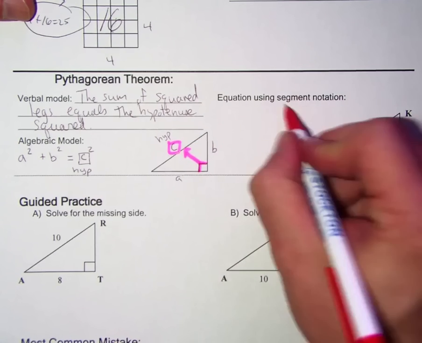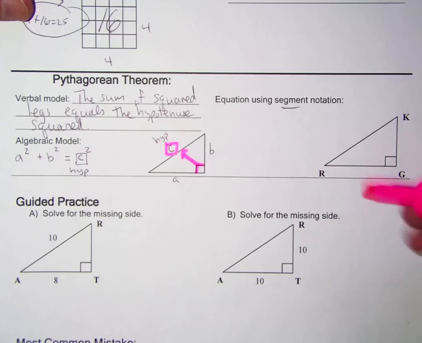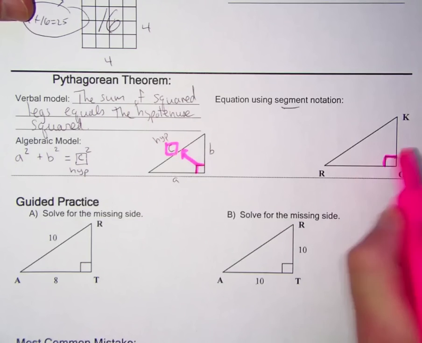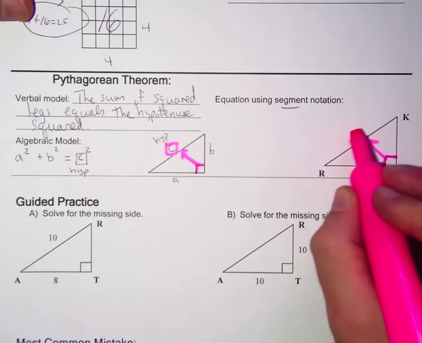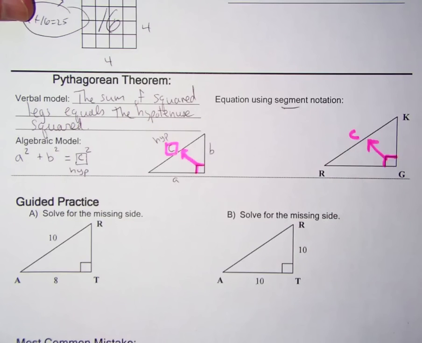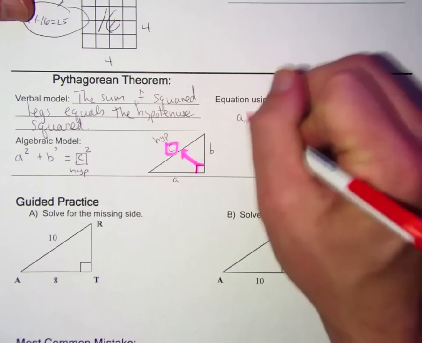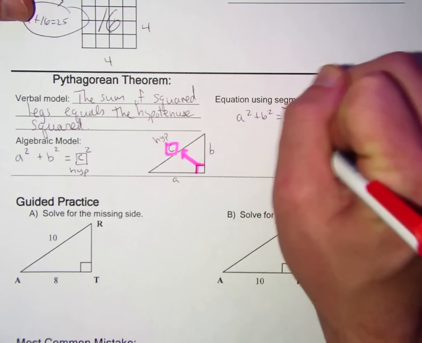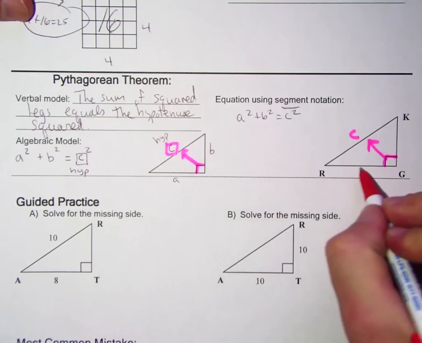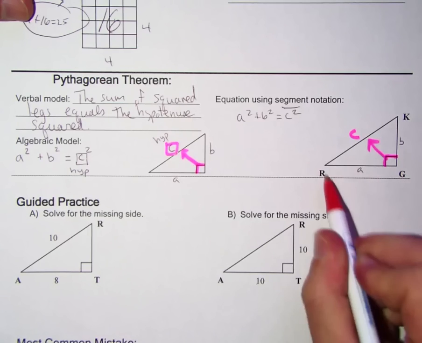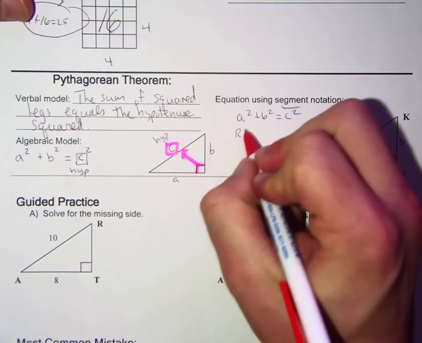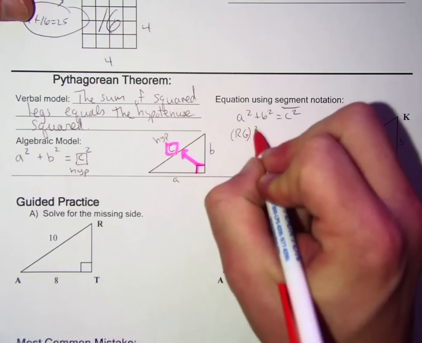If I were to use segment notation, same idea. Okay, that's my c over here. So if I do a squared plus b squared equals c squared, and I call this a and this b, a is really RG, so I might call it the distance from R to G squared.